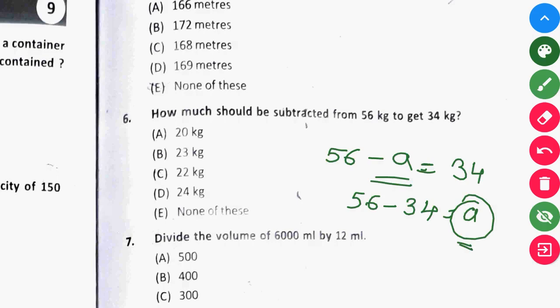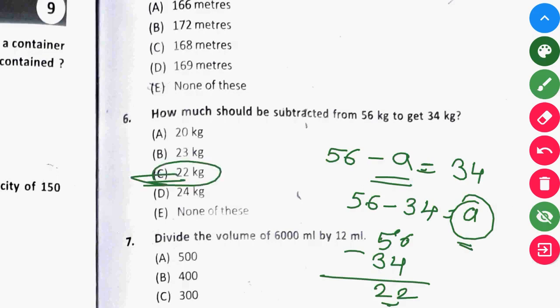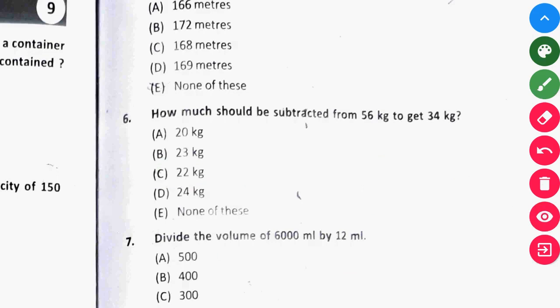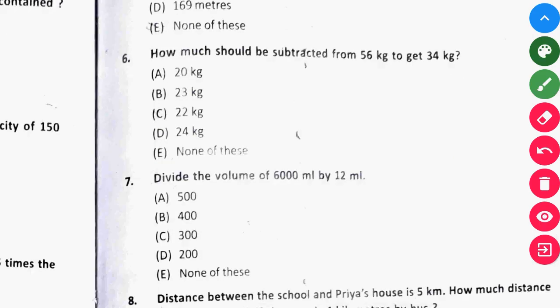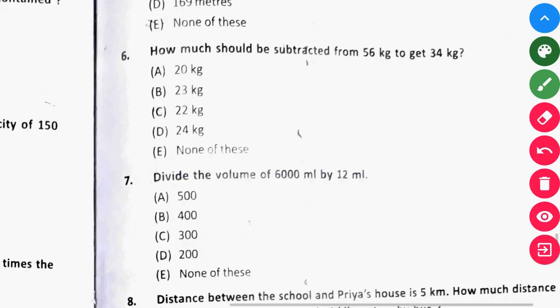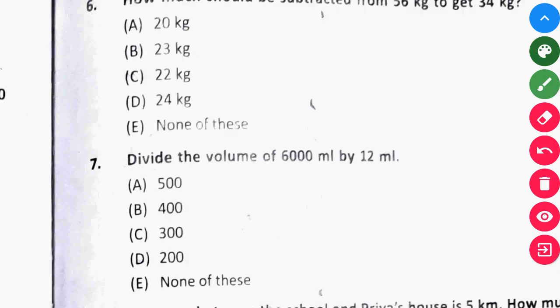So subtract 34 from 56. 6 minus 4 is 2, 5 minus 3 is 2. So 22 is your answer. 22 is the number which should be subtracted from 56 to get 34.